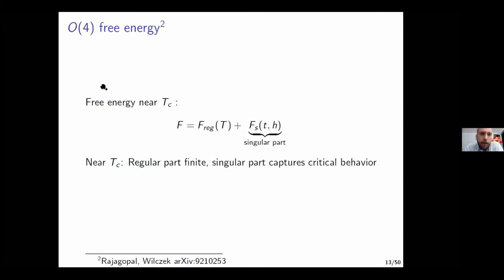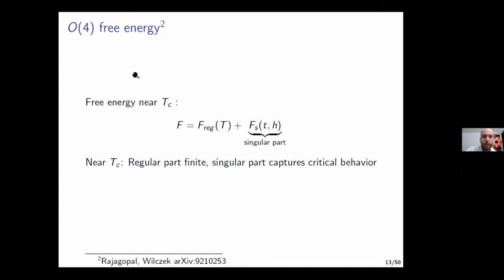Okay. Derek also mentioned that this work goes back to Rajagopal and Wilczek. So this is the O(4) free energy, which will be the basis of what I'm going to be talking about today.